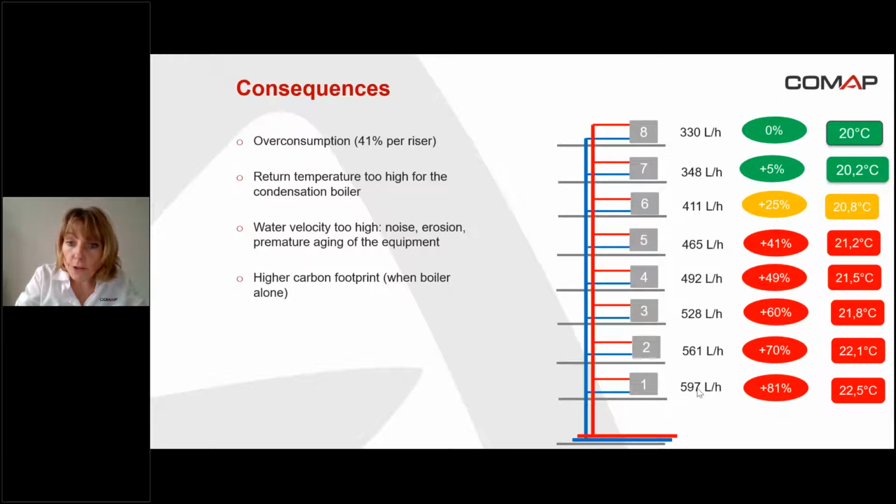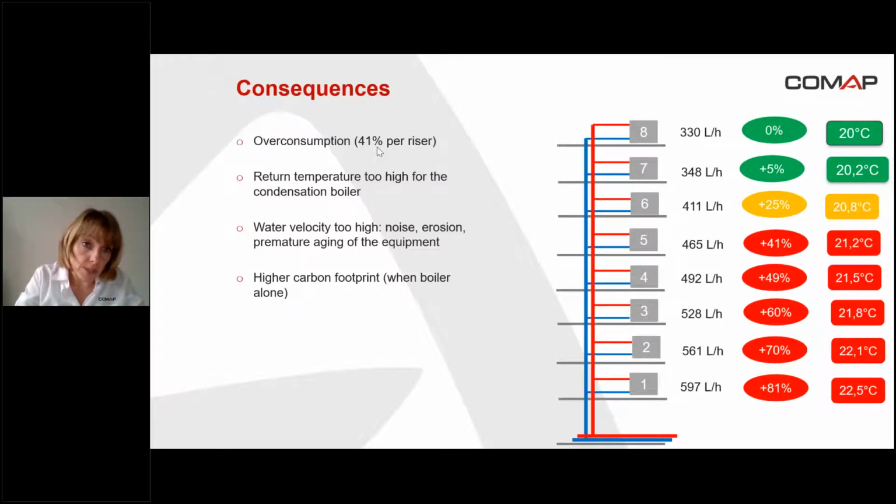At the first floor, the overflow is about 81%, so it's really high, and the temperature is also getting higher. So it's less comfortable for the people, and there is a global overconsumption equal to 41%. It's for the whole riser.